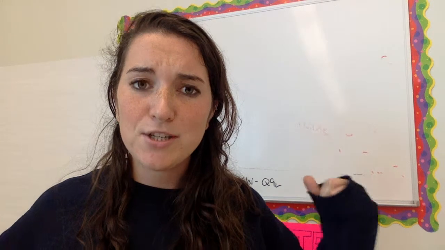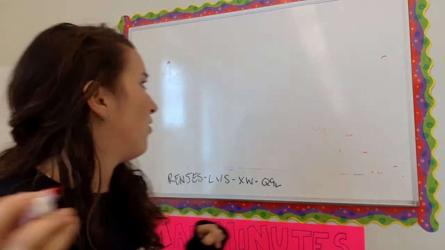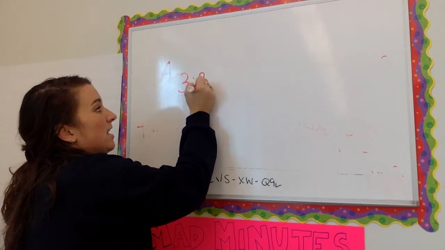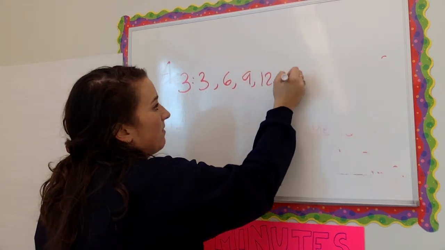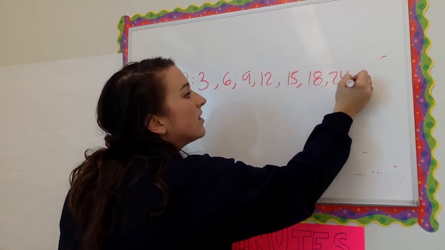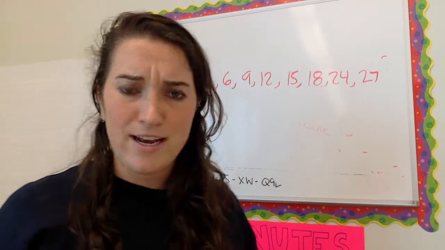So what we're going to do is start by just rolling our multiples of 3, 4, and 6. So we're going to do 3, 6, 9, 12, 15, 18, 21, 24, 27. I'm going to stop there and we'll see if I need to do more.